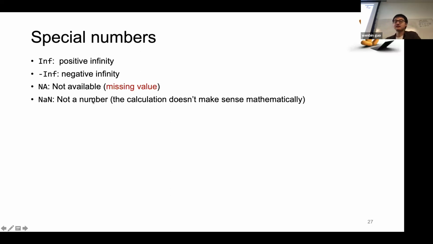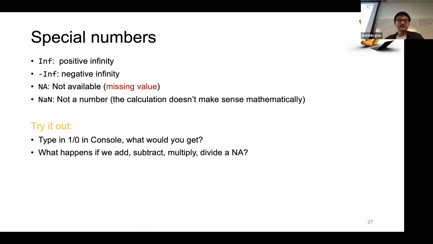NaN means not a number. It just says the calculation doesn't make mathematical sense to the program itself. So sometimes you will probably see those numbers in our program. Don't panic, you already know the meanings behind them.